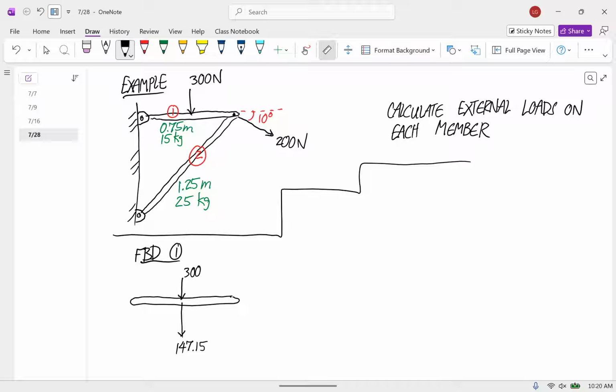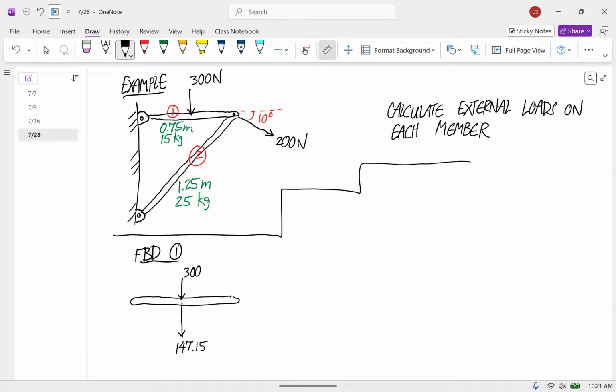And now the rest take a little more thinking. So we have the 2 joints, and we have this 200 Newton force applied, okay? Let's first think about that 200 Newton force. The most common mistake people make is to assume that a force like that that's applied at a joint is applied to every member connected to that joint.